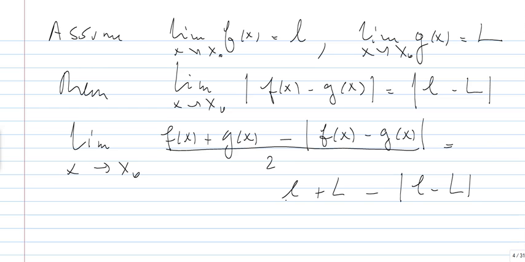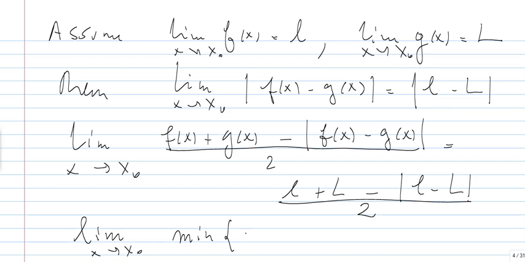This will imply that the limit of (f of x plus g of x minus the absolute value of f of x minus g of x) over 2, when x goes to x0, will be equal to (l plus L minus absolute value of l minus L) over 2. Which gives me that the limit when x goes to x0 of the minimum of f of x, g of x will be equal to the minimum of l and L. And the same holds, of course, for the max.